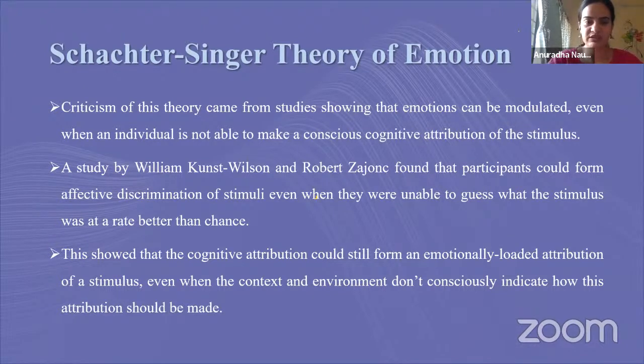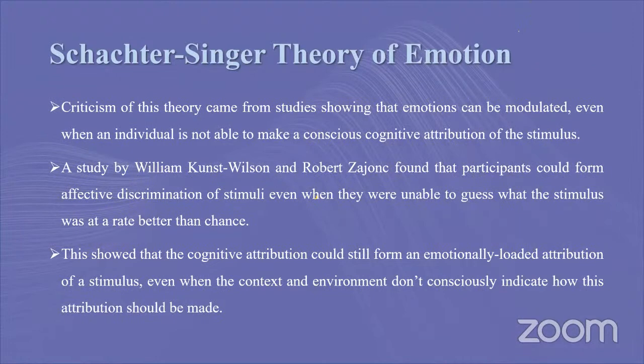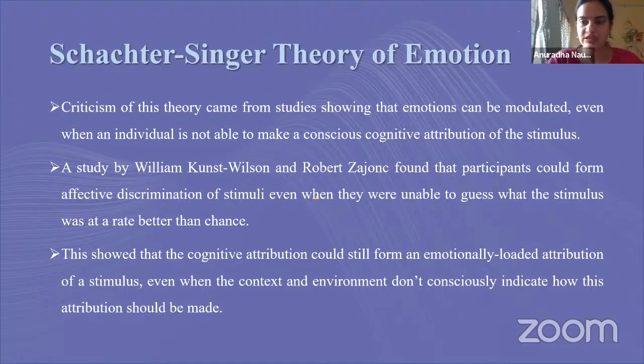A study by William Kunst-Wilson and Robert Zajonc found that participants could form effective discrimination of stimuli, at a better rate than chance, even when they were unable to say what the stimulus was. This showed that cognitive attribution could still form an emotionally loaded attribution of a stimulus, even when the context and environment don't consciously indicate how this attribution should be made.